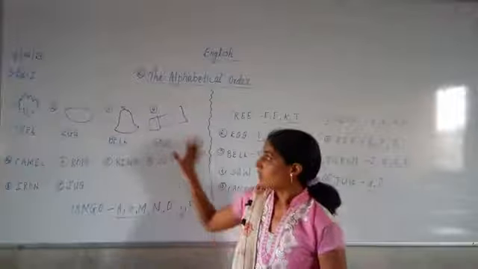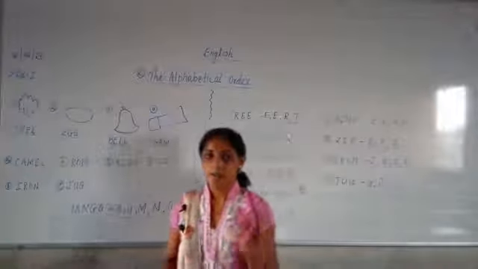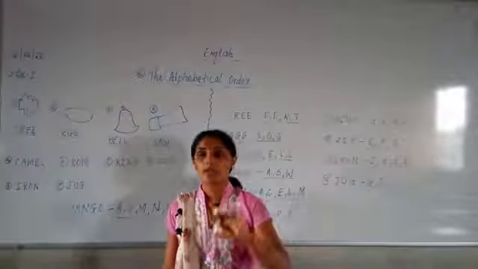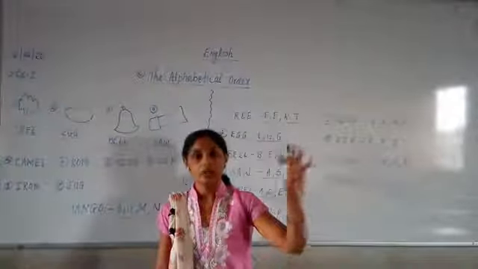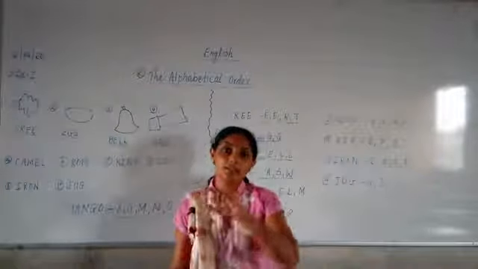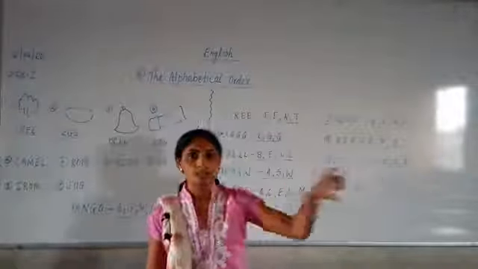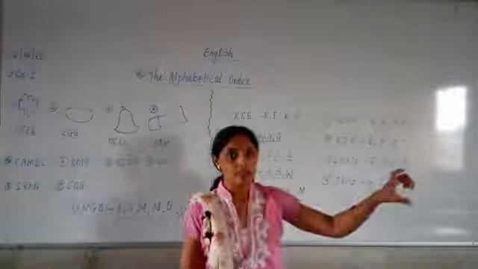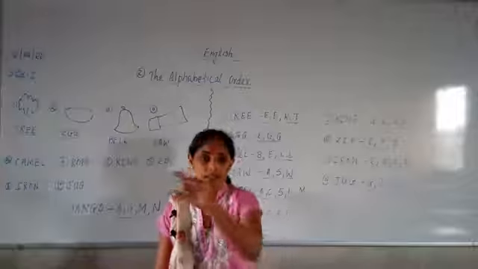Understood? So in this way we have studied about alphabet. Correct? In alphabets what we studied about capital forms of letters. We studied about small forms of letters. In capital forms, height of the letters is same. If you are writing capital letters, then all letters are in same height. But in small letters, whether height is same or what?